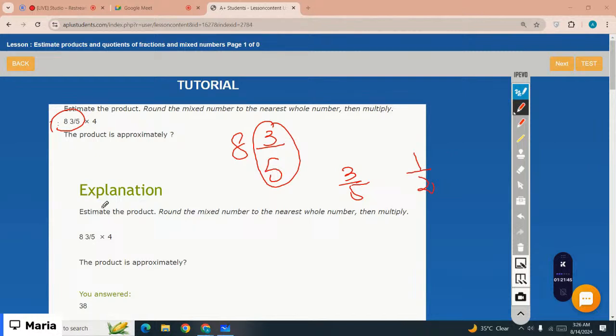If the part is more than half, you have to round up. So 3 by 5 is more than half, right? So you need to round up to 9. Got it? 8 whole 3 by 5 is rounded off to 9. You have to do 9 times 4. So 9 times 4 is 36. So that means the product is approximately 36. Got it?